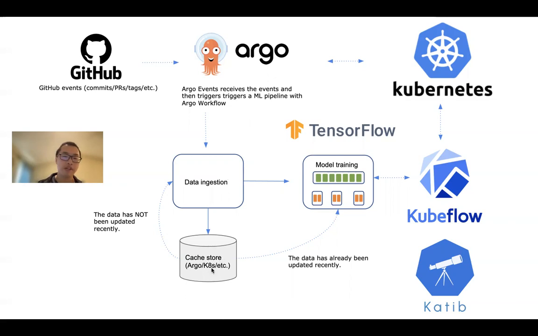You may have a cache store in place using Argo or Kubernetes to check whether the data has been updated recently, in order to skip this particular data ingestion step if nothing changes in the data set. Otherwise, you have to execute that data ingestion from scratch, which takes a lot of resources.